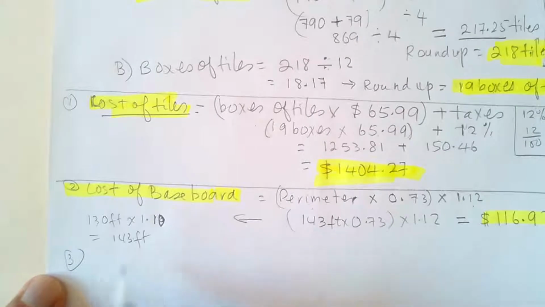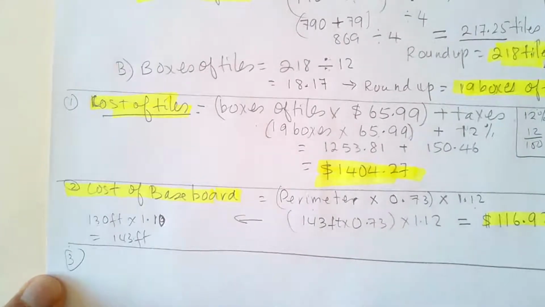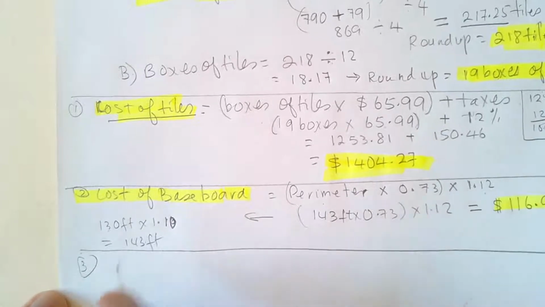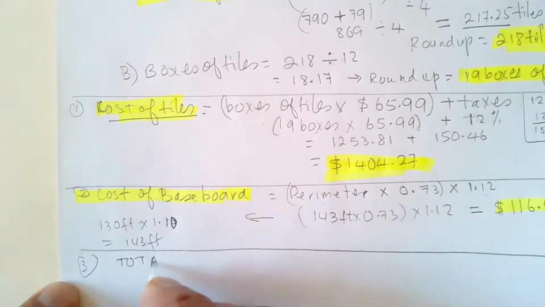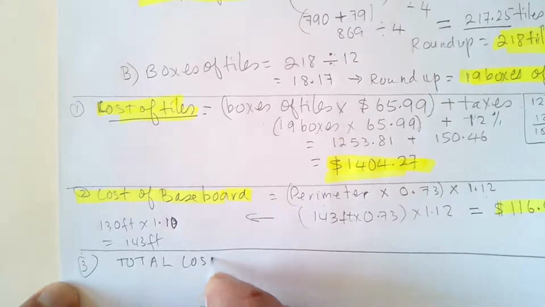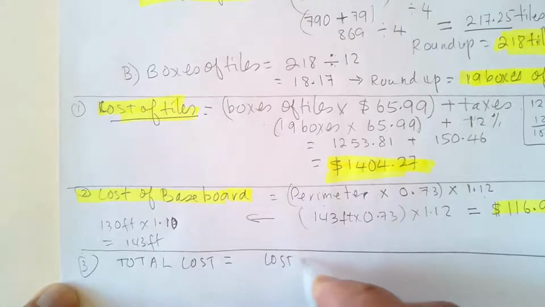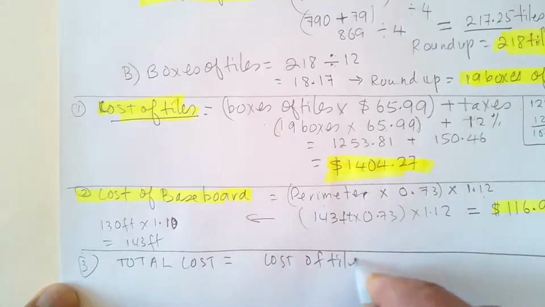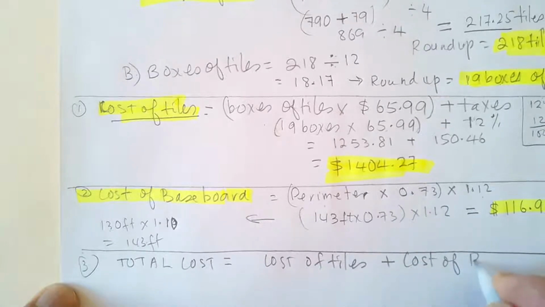Number 3: total cost is equal to cost of tile plus cost of baseboard.